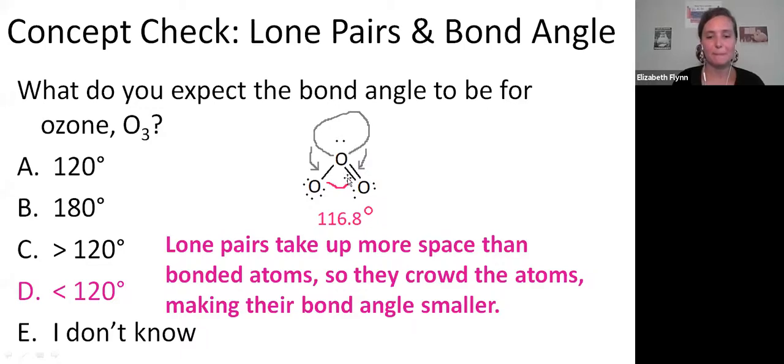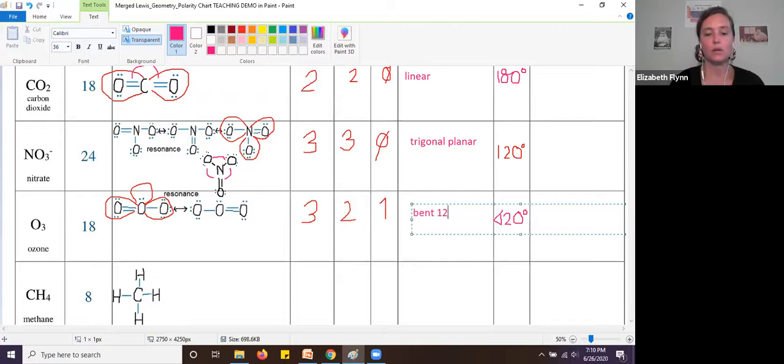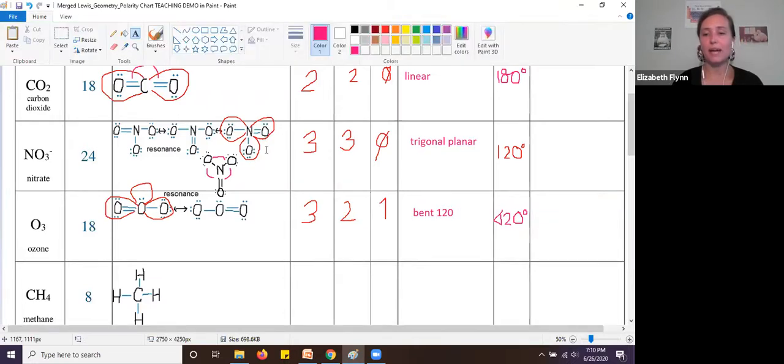And so let's write that in our chart. So for all bent 120 molecules, the bond angle is less than 120. And we call this bent 120 because the atoms in the molecule have a bent shape, and it is still 3 groups, so it's still within the 120 group.